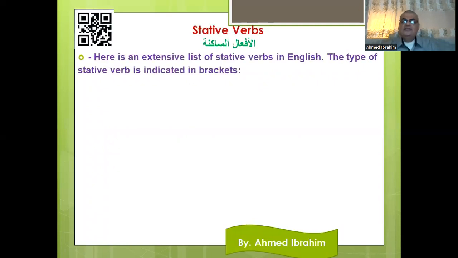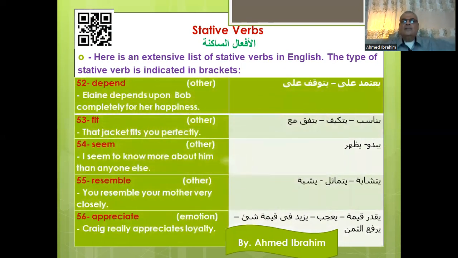Stative verbs. Here is an extensive list of stative verbs in English, and the type of stative verb is indicated in brackets. Depend, Ellen depends upon Bob completely for her happiness. Fit.